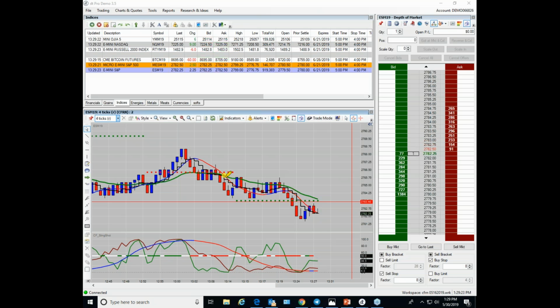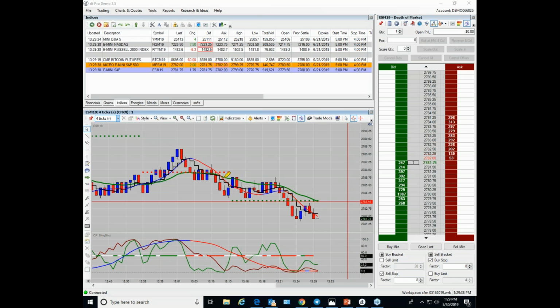It's red, so we're looking for shorting opportunities at this point. We're looking for the market to gravitate toward this green line, and you notice it's done it a couple times along the way. After the cross, it's normal for the market to gravitate toward the BBC, so that's what we're looking for the market to do.